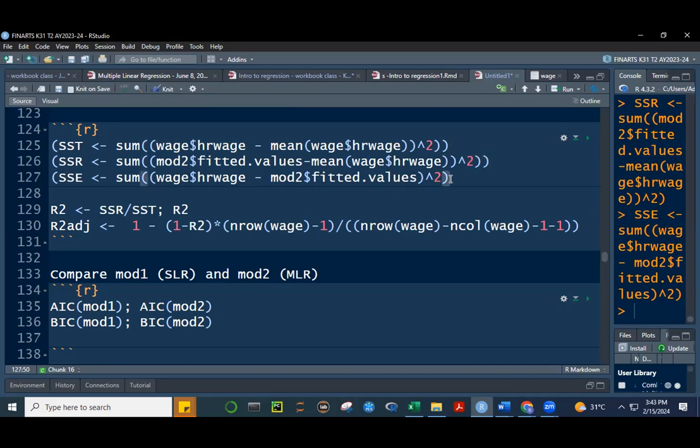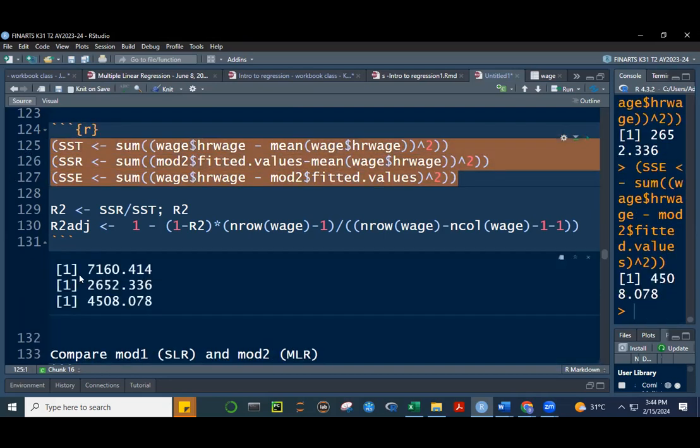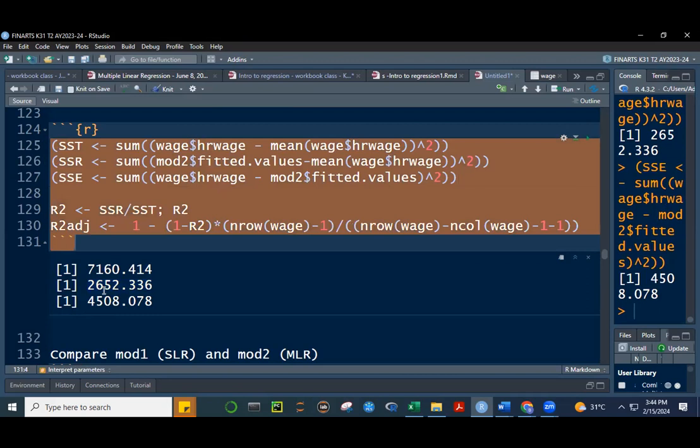Okay, so let me put the parenthesis here, and then run this, Control Enter. So there you go. This is your SSR, SST, SSR, and SSE. So you were able to explain, okay, out of the total SST, we were able to explain 2652.